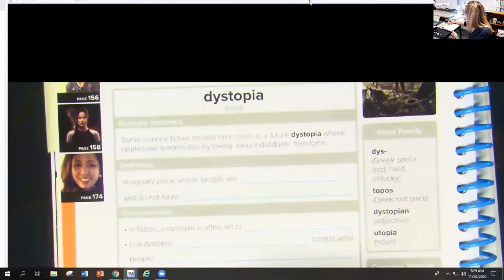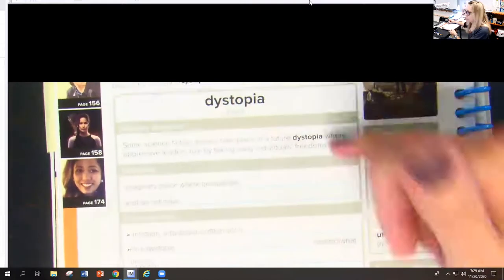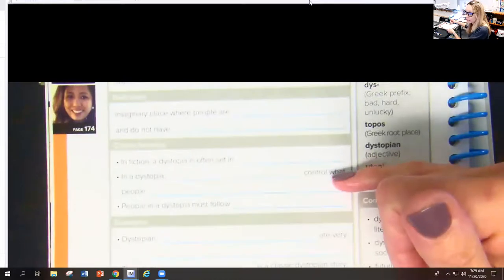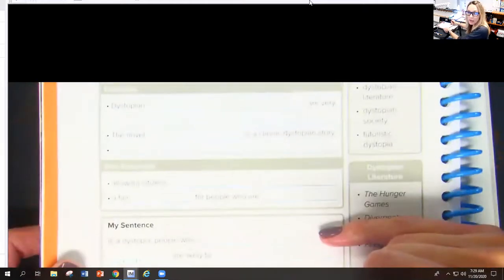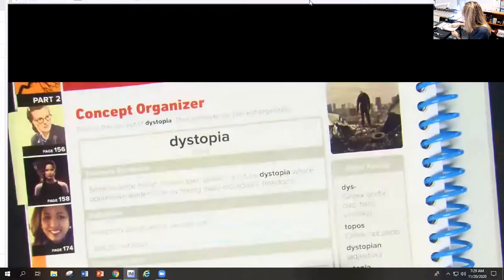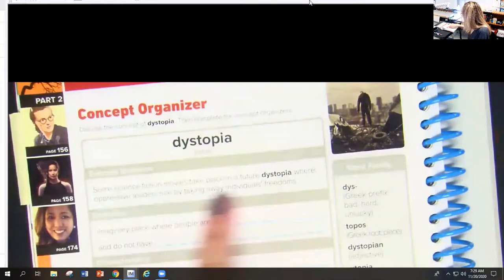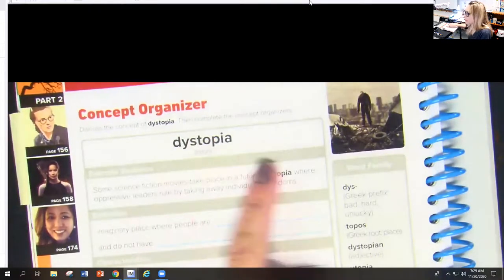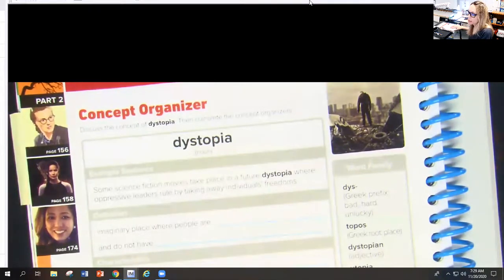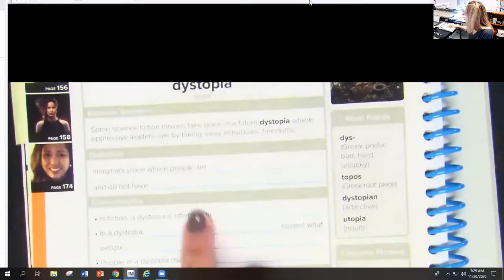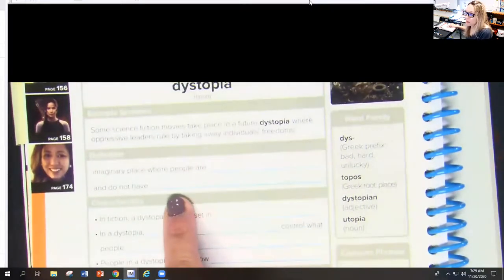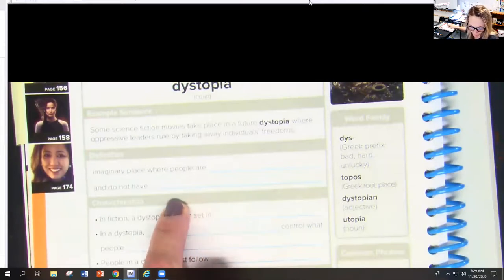We will look at the definition. Of course, we have an example sentence. We'll look at the characteristics of a dystopia, examples, non-examples, and then your sentence. Now, what I want you to do for the definition is use context clues that are in the example sentence to complete the actual definition.